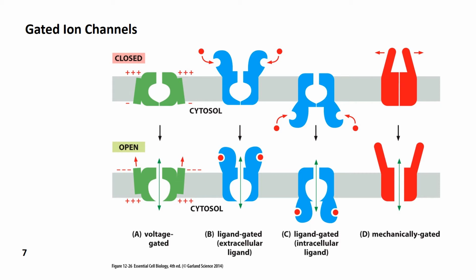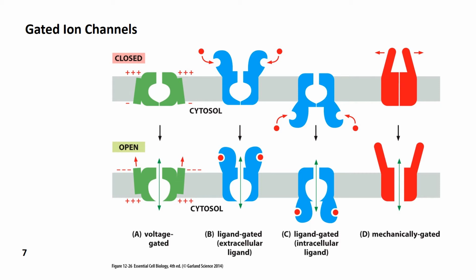One example of a mechanically gated channel is in the auditory cells of our ears. Sound waves cause those channels to open or close, and that allows our auditory neurons to respond to sounds.